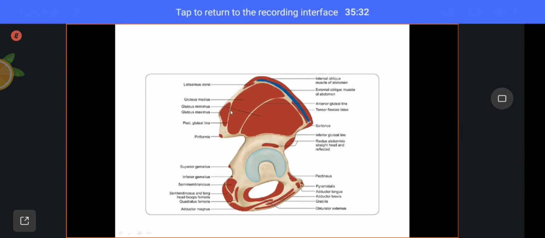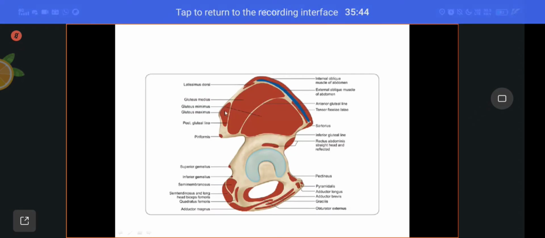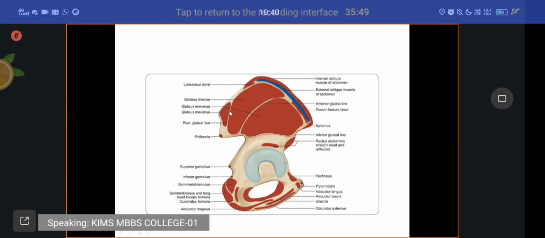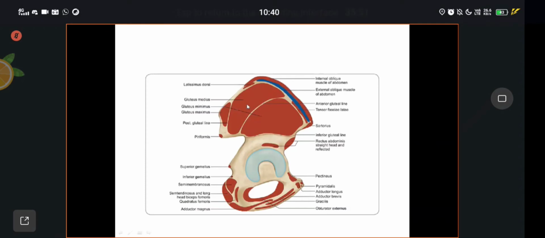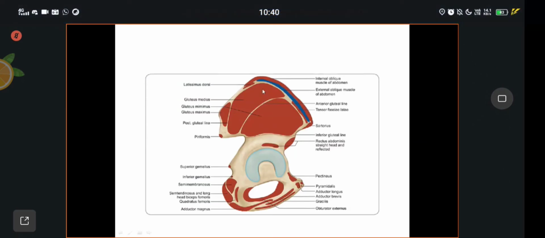On the gluteal surface of the ilium, behind the posterior gluteal line, you can see a muscle getting its origin. Which muscle is this one? The gluteus maximus. The muscle getting its origin from the part between the posterior gluteal line and the anterior gluteal line is the gluteus medius muscle.